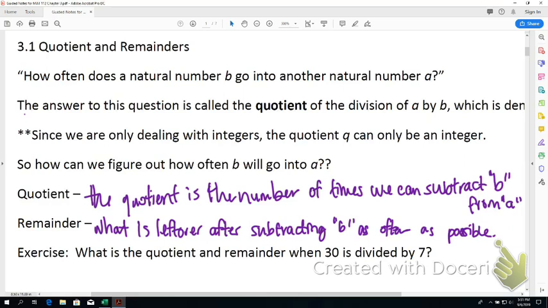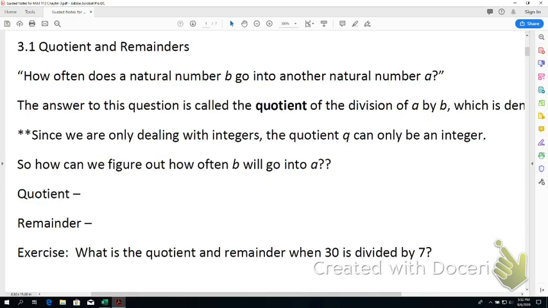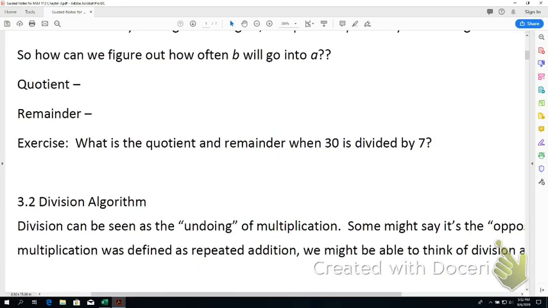So let's look at this exercise that we have here. Okay? So let's say we have, what is the quotient and remainder when 30 is divided by 7? Okay? So for the quotient we have to figure out how many times we can subtract. Okay? So let's do some subtraction. So 30 minus 7 will give me a 23.